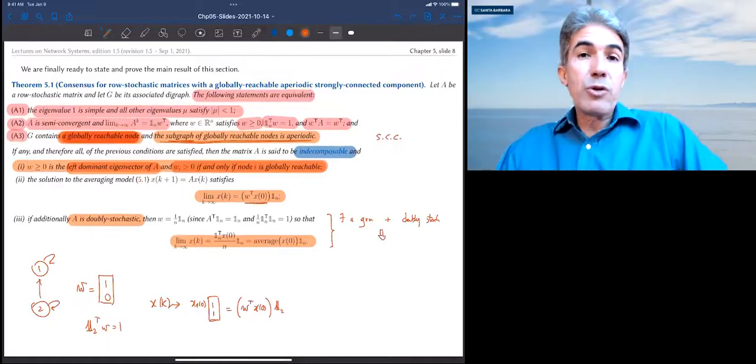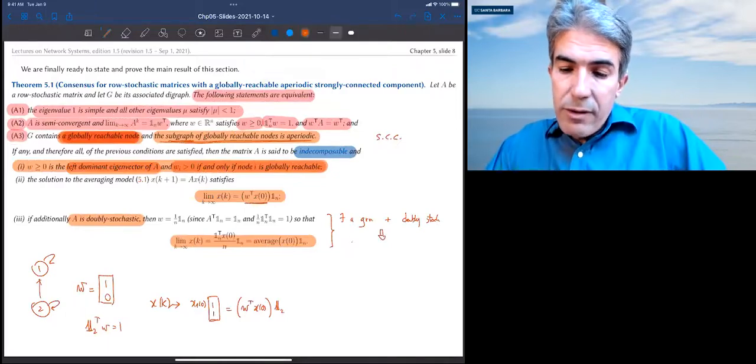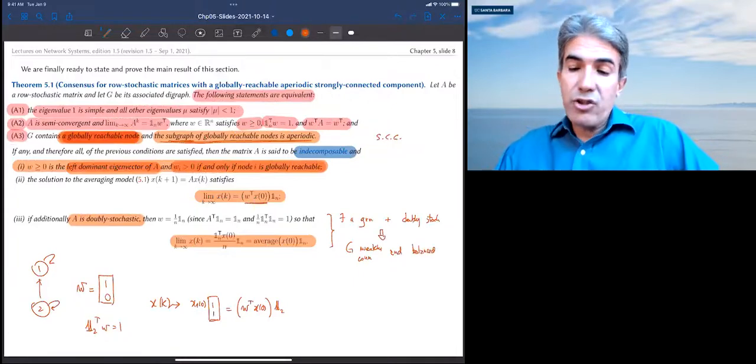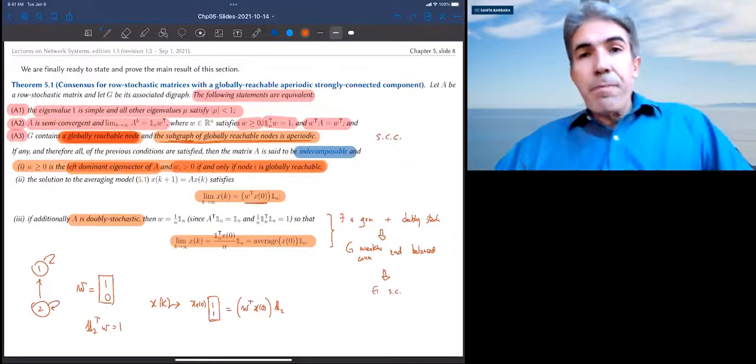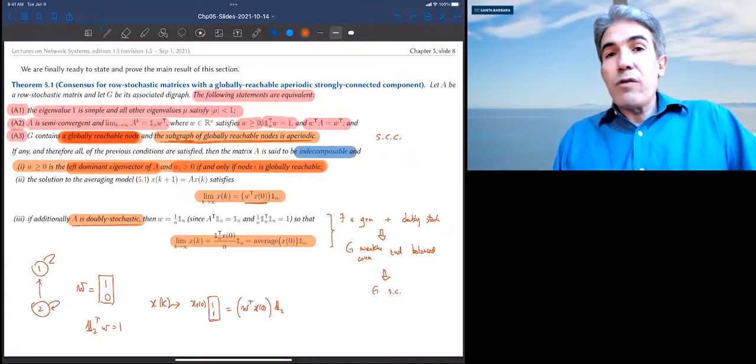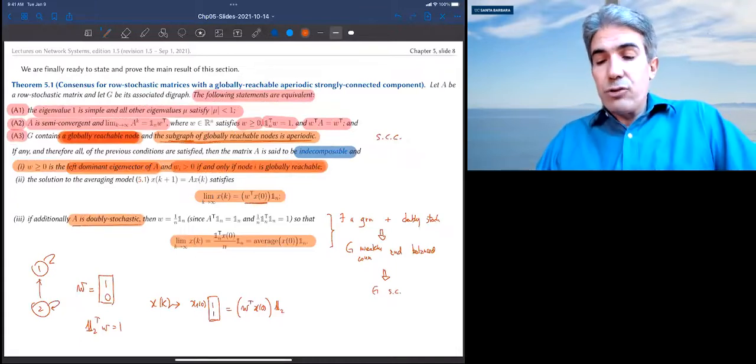The existence of a globally reachable node implies, for example, that the graph is weakly connected, and the fact that the matrix is doubly stochastic means that G is balanced. And in one of the exercises in chapter 3, these two properties are shown to imply that G is strongly connected. So it turns out that asking for A to be doubly stochastic in the setting where you have a globally reachable node is equivalent to also asking for G to be strongly connected.